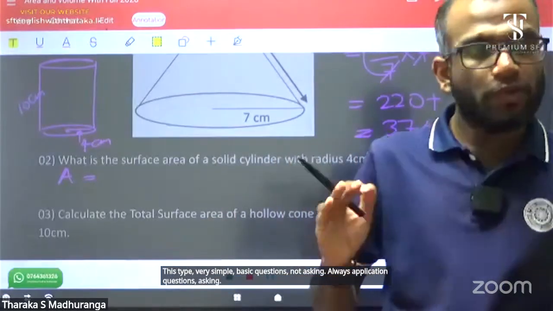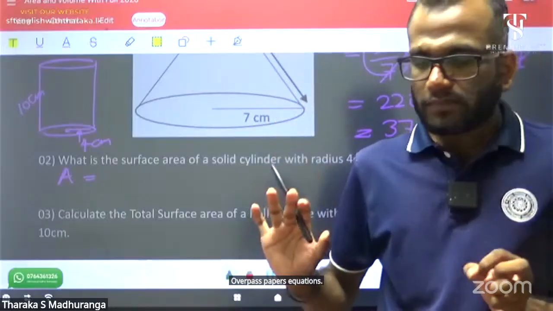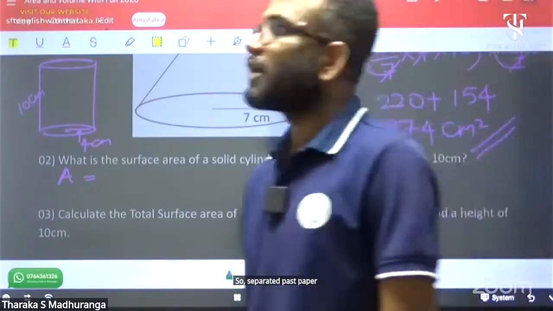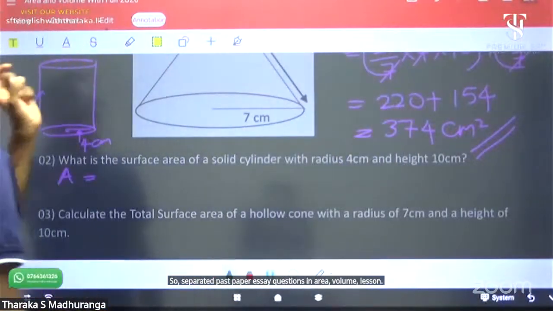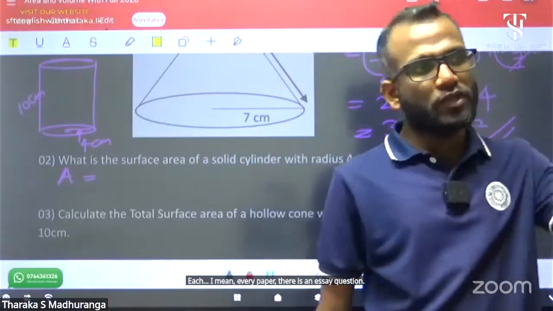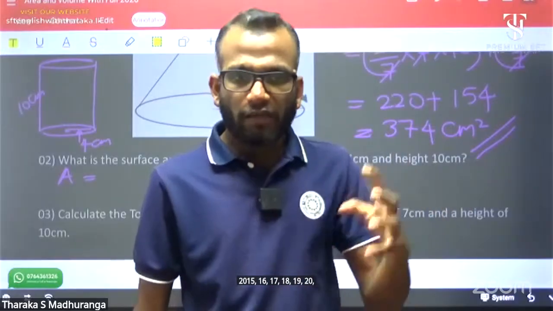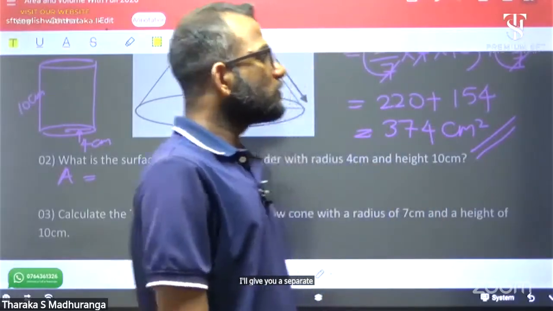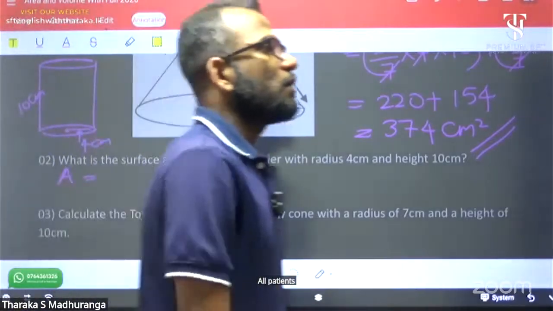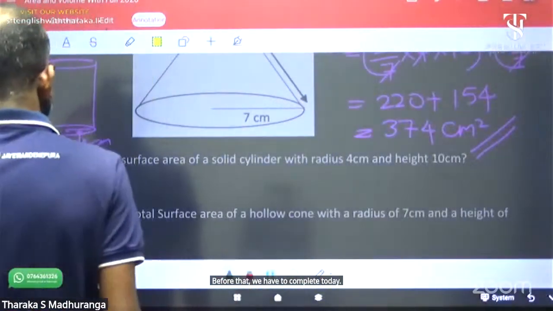I will give you all the past paper essay questions separated by the area and volume lesson, next day. In every paper there is an essay question: 2015, 16, 17, 18, 19, 20, 21. I'll give you separate questions. Next week I hope to discuss all the questions. Before that we have to complete today's volume theory.